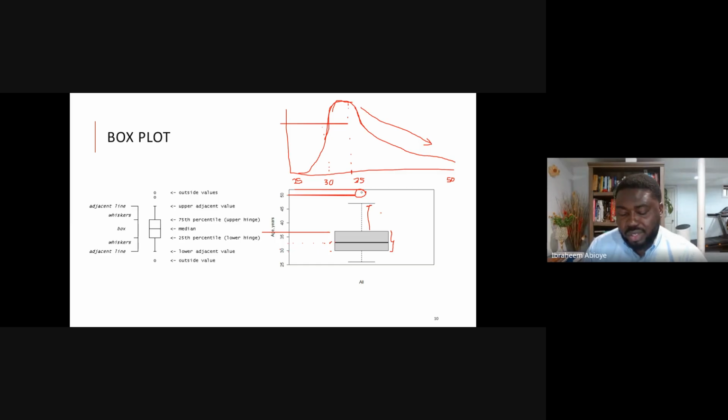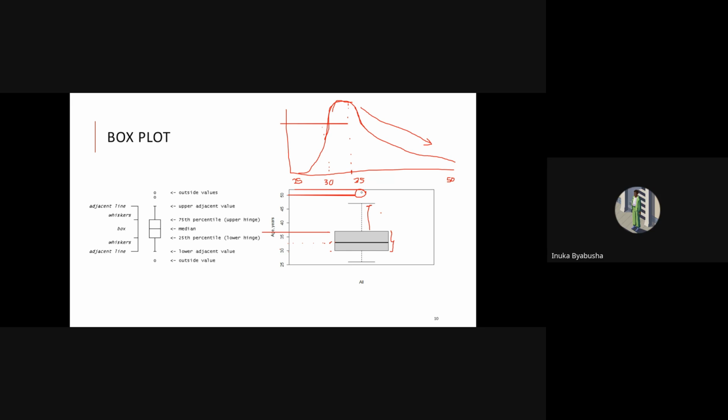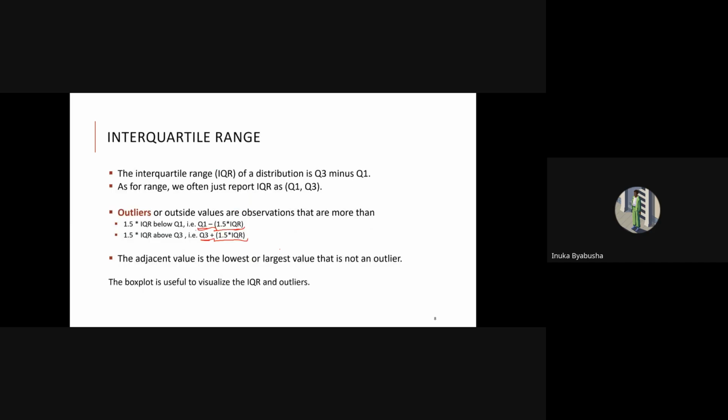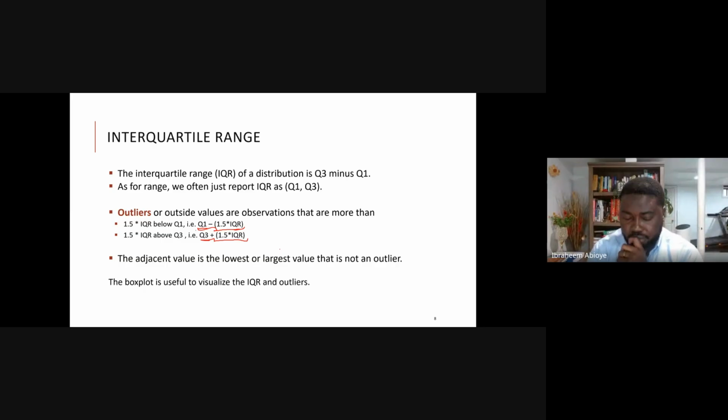So are you on the same page now? Yeah, we are on the same page, but in order to calculate the outliers or the outside values, I saw you multiply by 1.5. Is 1.5 a constant value? Yes, it's a constant value. It's a rule of thumb.